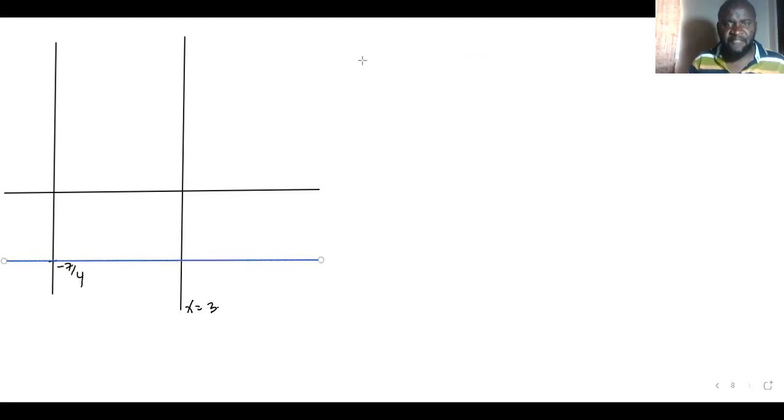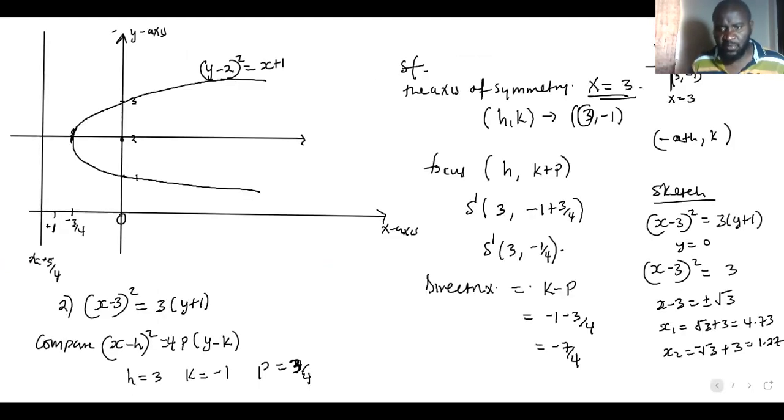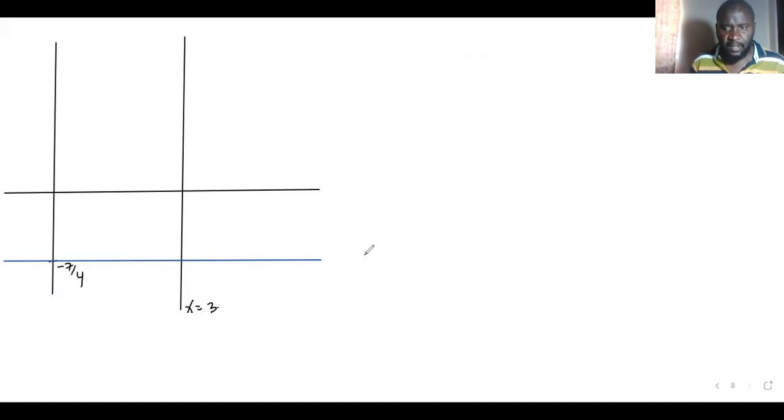Where is our vertex? According to the question, the vertex we have seen is at 3, negative 1. If this is 0, 0, this is the x-axis. 3, negative 1. Negative 1 is here. So this is where our vertex is. Then we have the points where the curve is cutting the axis. One point is 3 minus root 3.